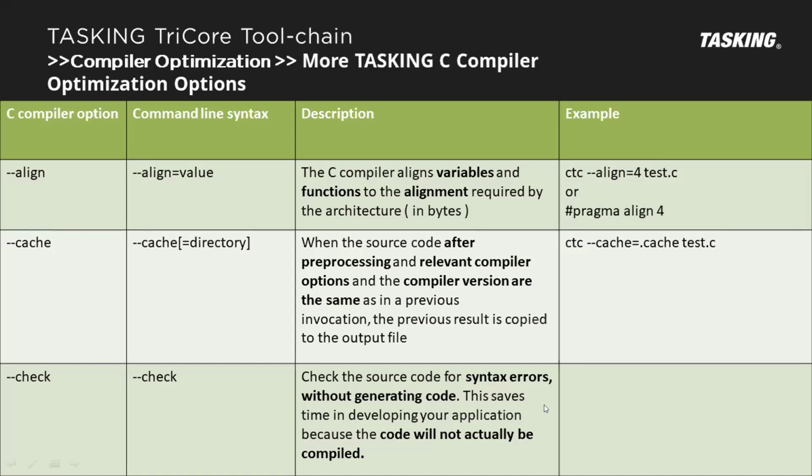Let's say the compilation process takes 20 minutes and you get a syntax error in minute number 19. It's not the best experience, right? That's why, if you are at an early stage of development, it makes sense to turn this option on, so the compiler will check all these syntax errors for you without generating code.